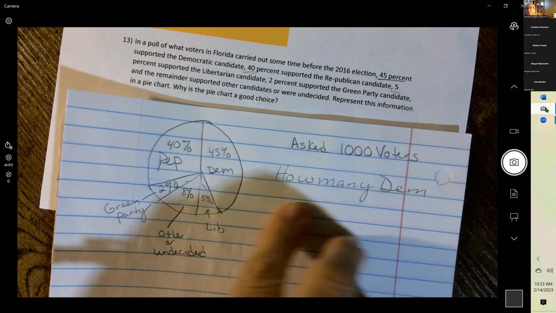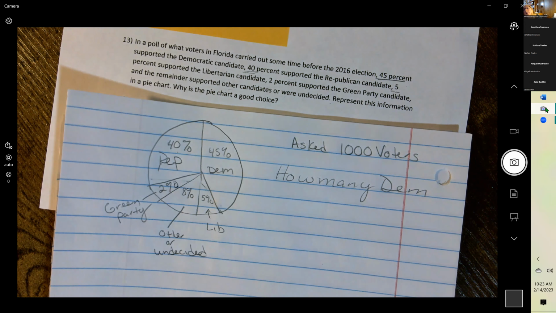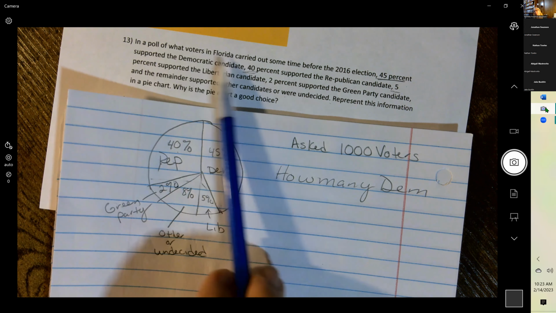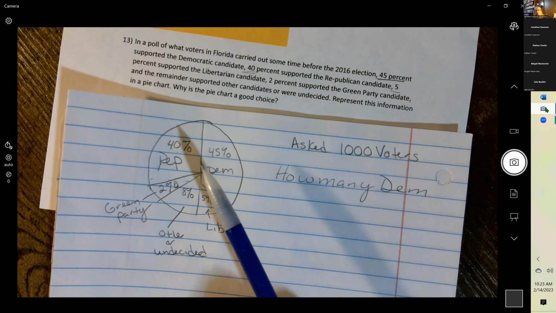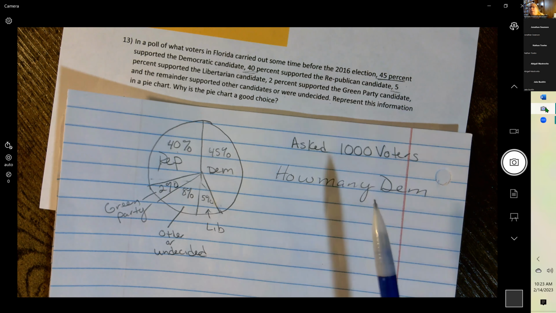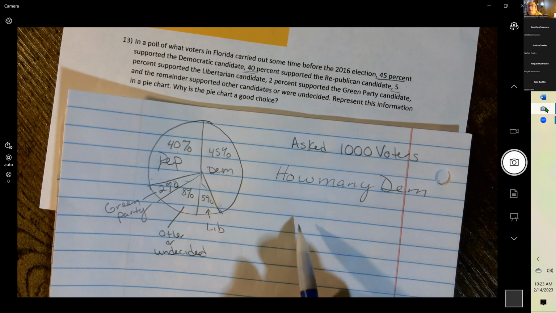I might give a graph of a pie chart, and that's probably a question I would ask. Whenever you're given the percentages, you should be given how many were used. Now, the way they wrote this, they might have done all Florida voters. But if it was a poll before they voted, they probably didn't. They probably did some kind of survey. So we're going to say they asked 1,000 voters. How many were Democrats?